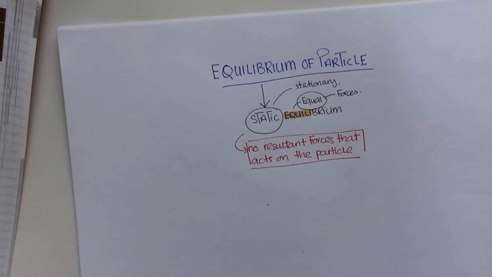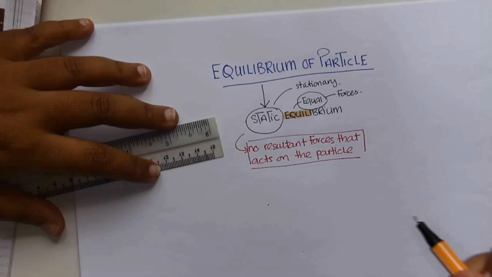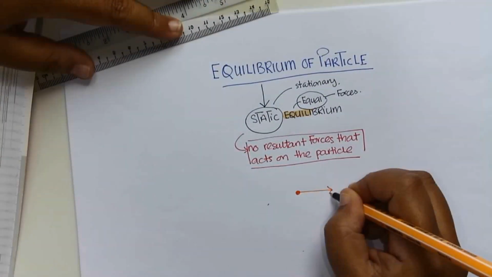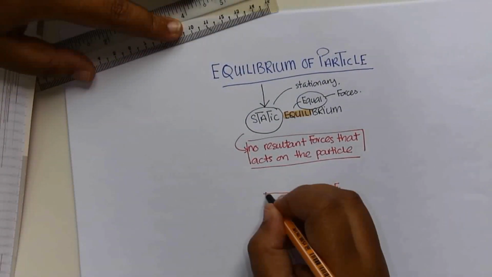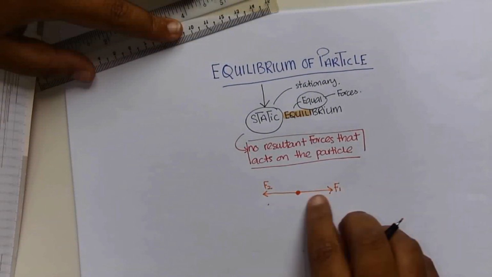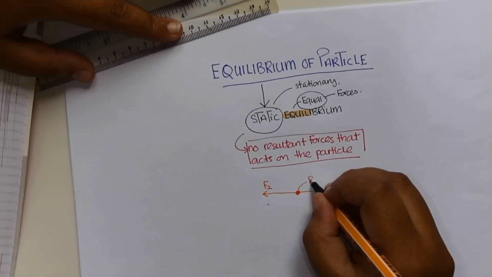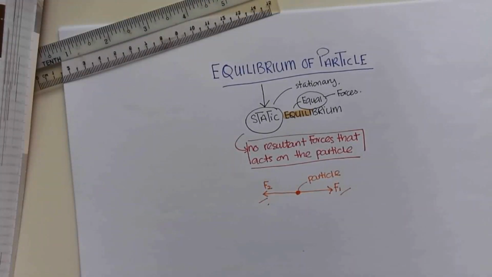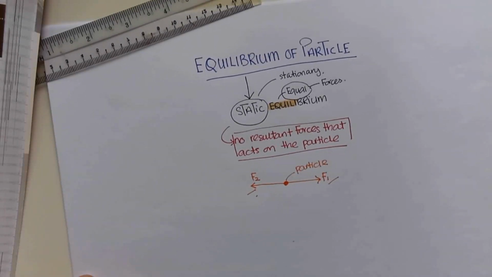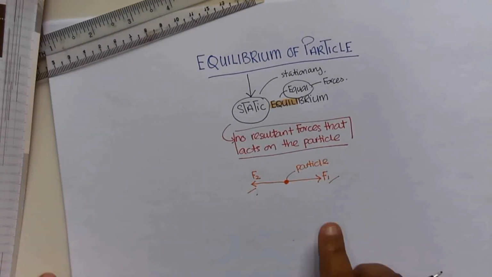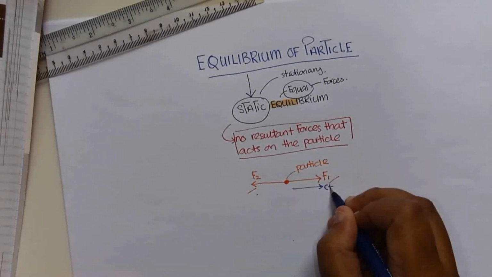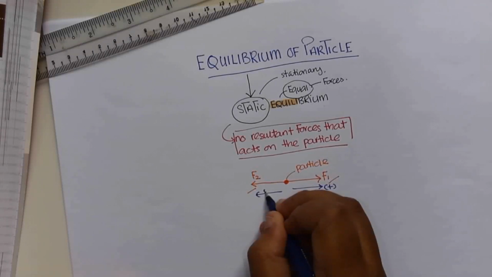So when I have a situation like this, I have a particle, there is a force here in this direction, F1, and in this direction somebody is pulling, F2. There are two forces acting on the particle, F1 and F2. There are a few ways of explaining this, so I'm going to explain it in my own way. We assume this direction is positive and this direction is negative.